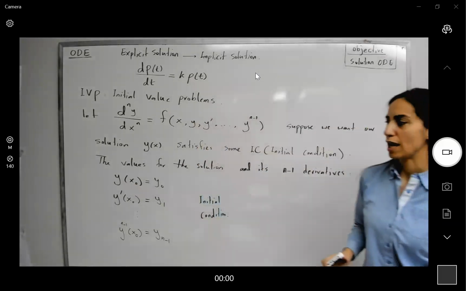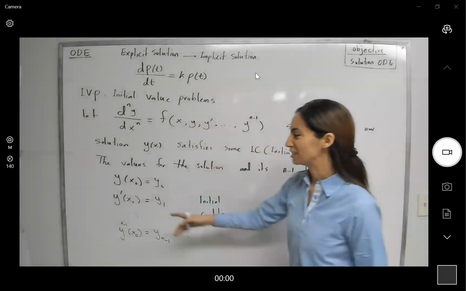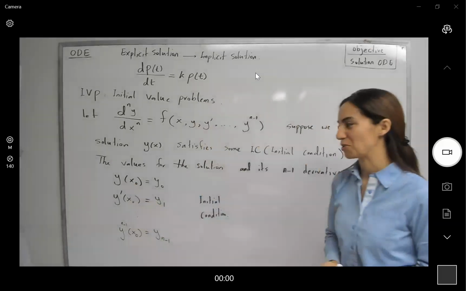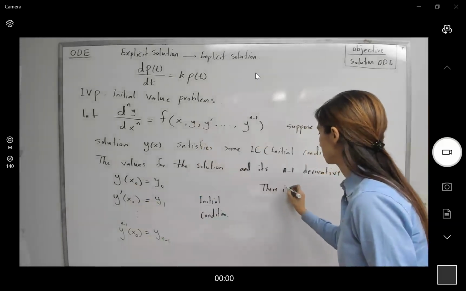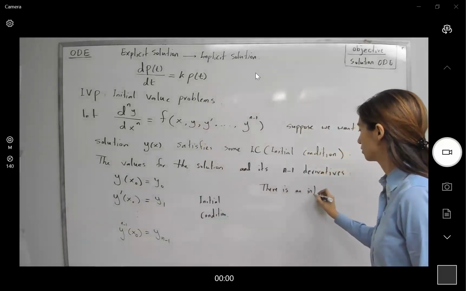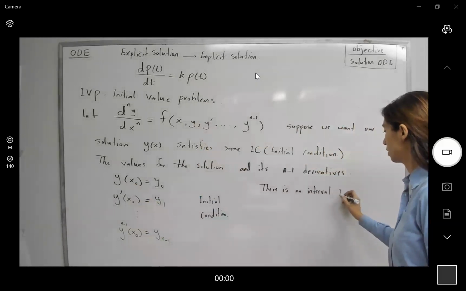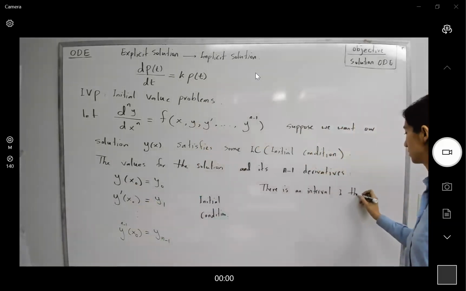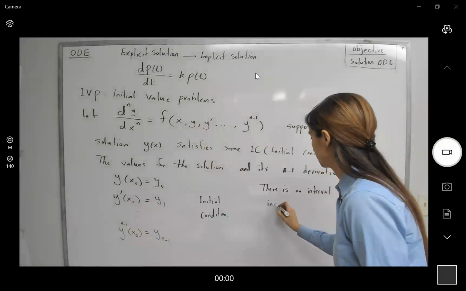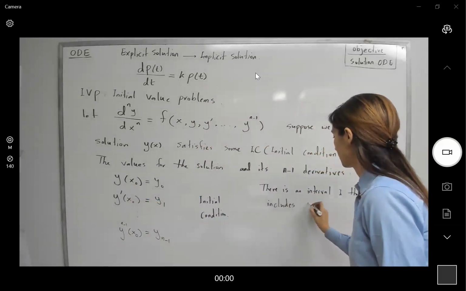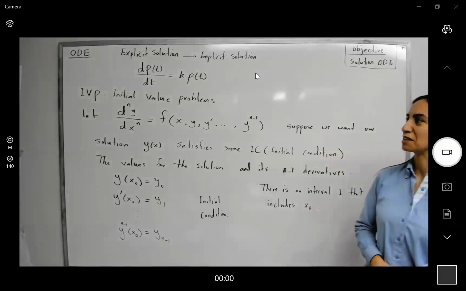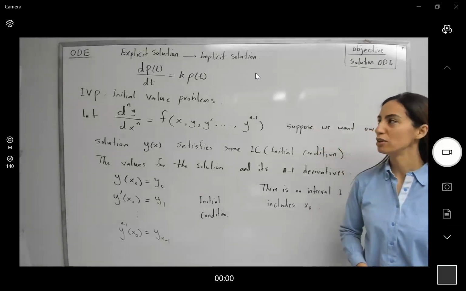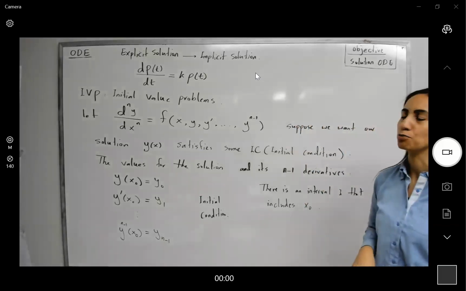Of course, we need to have an interval I that includes x sub 0. So when you're dealing with these types of differential equations, we call them initial value problems.